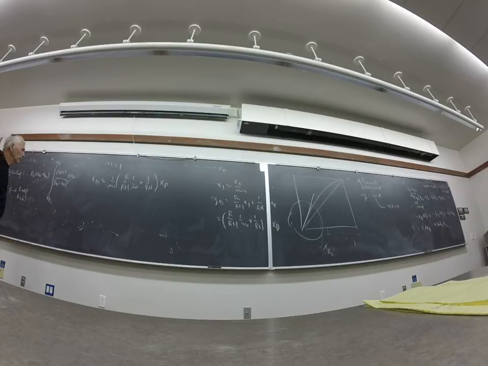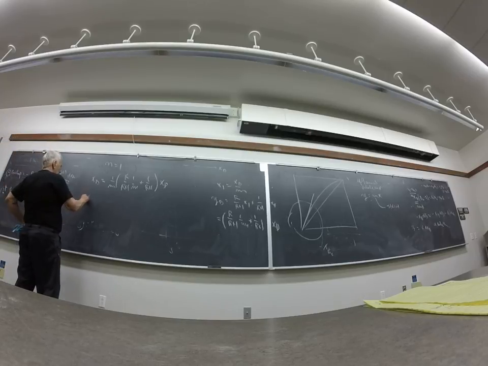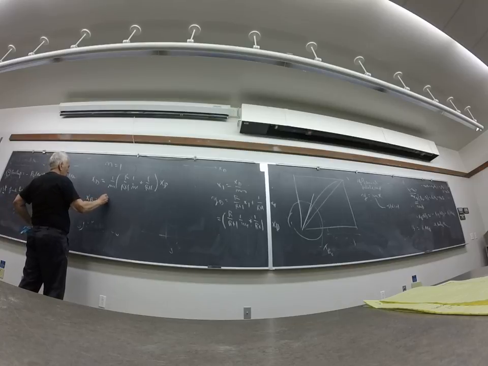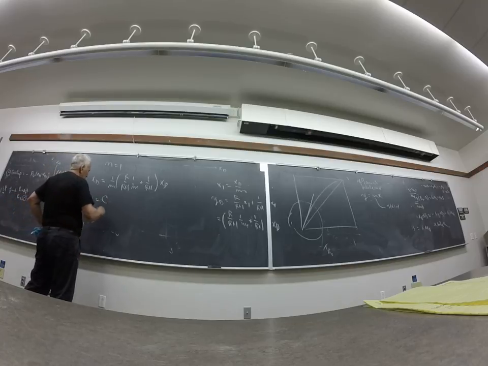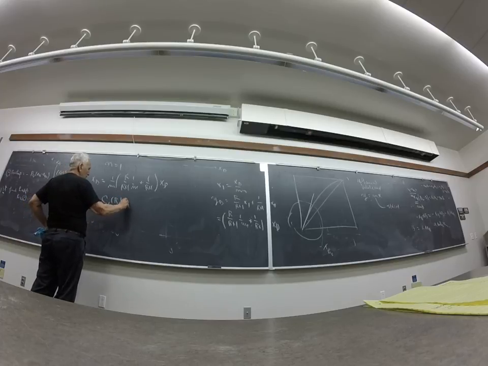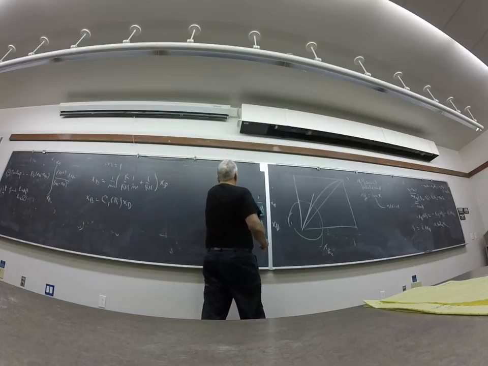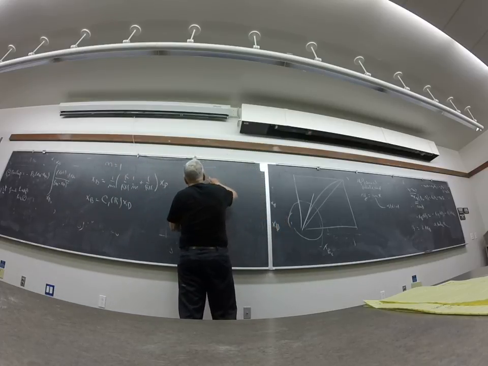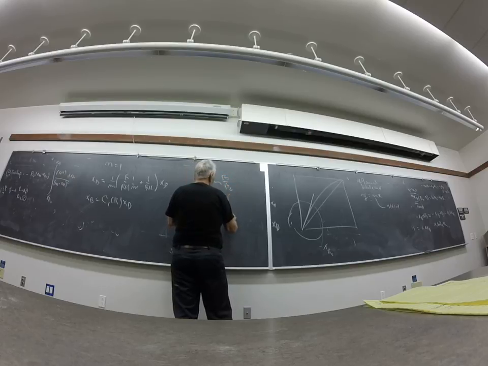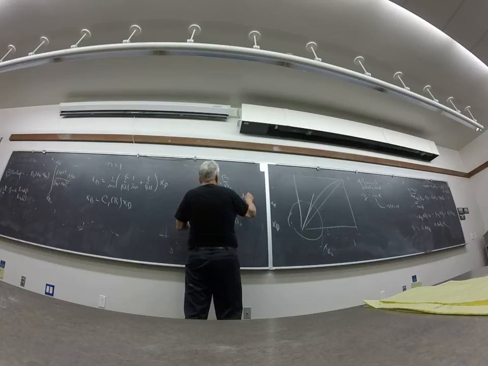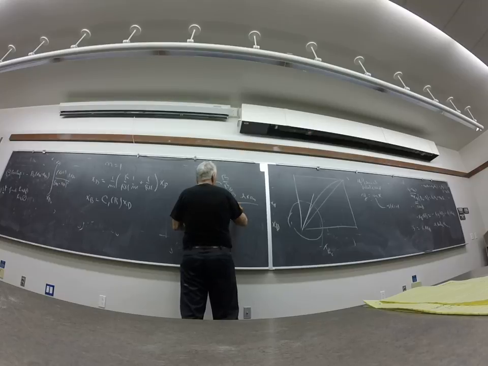I will simply write this as xB equals some factor c1 of R times xD. I will go to my equation that I have to integrate, which is log B over B0 equals the integral from xB0 to xB of dxB over xD minus xB.